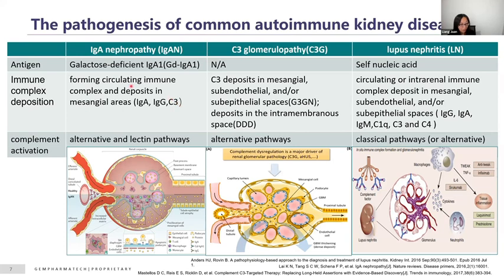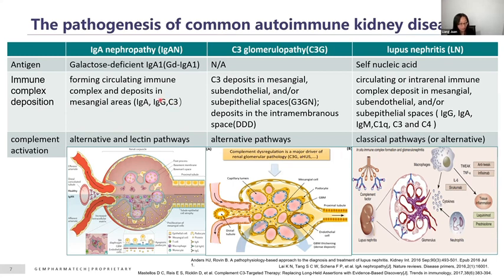We have compared the pathogenesis of the three most common autoimmune kidney diseases: IgAN, C3 glomerulopathy, and lupus nephritis. Learning the pathogenesis will help us understand the animal model generation process and choose the suitable animal model for preclinical drug study.